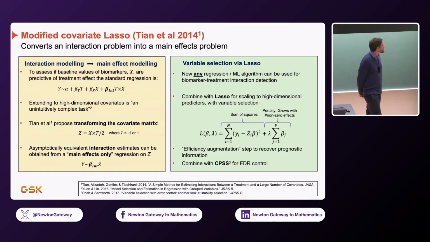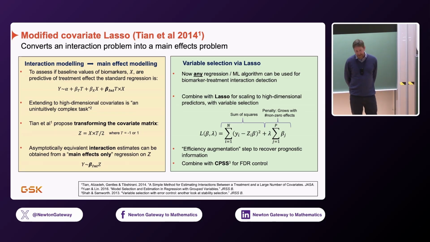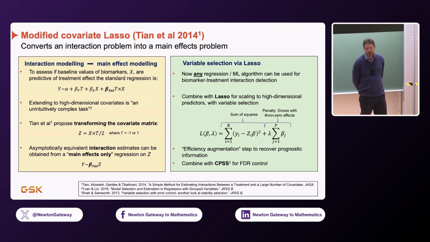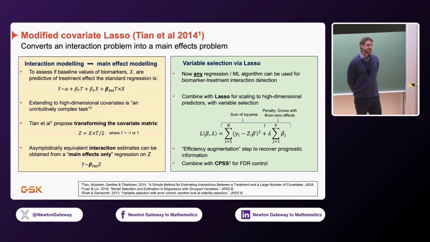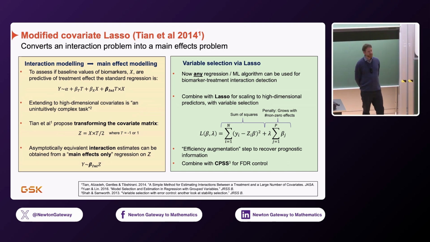There's no such thing as a free lunch, as they say, so you do lose efficiency compared to the formal model at the top. The authors propose a mitigating approach to that, which we've explored using, where you basically, in a first stage, fit a prognostic model and incorporate that into the second stage when you actually do this.